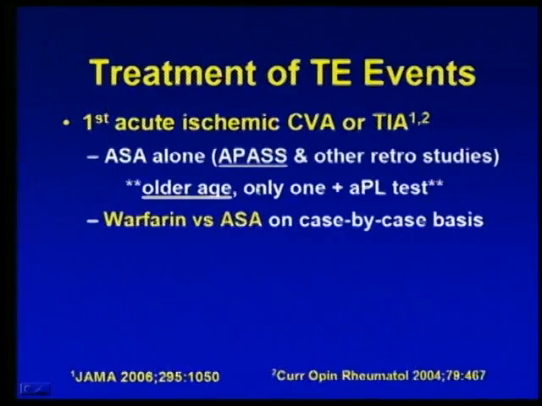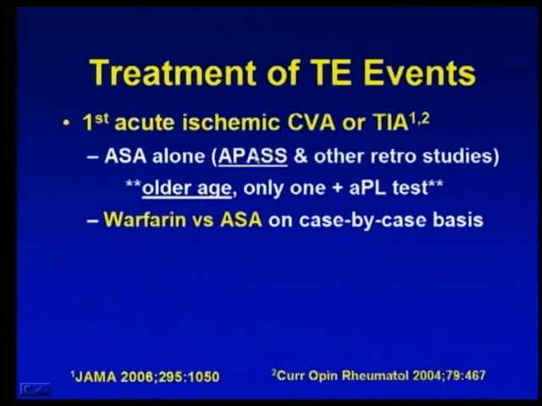I mentioned that if your patient has an initial ischemic stroke or TIA, we might not use anticoagulation. And this is based on data from the APS study and other retrospective studies where it was found that particularly in older age individuals with antiphospholipid antibodies that aspirin alone seemed to control the rate of recurrence just as well as warfarin and just as well actually as nothing, at least in subpopulations.